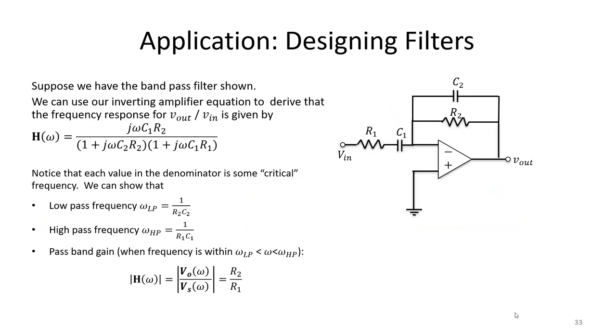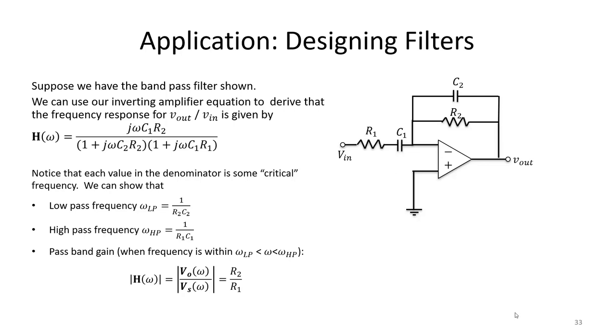Alright, so we mentioned that frequency response is really important for designing AC circuits which are sensitive to different frequencies. So to put everything that we've discussed together, let's briefly show an example of how we could design a filter using what we know about AC circuits, AC op-amps, and the frequency response.